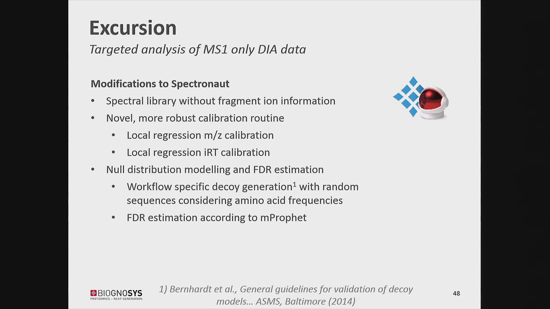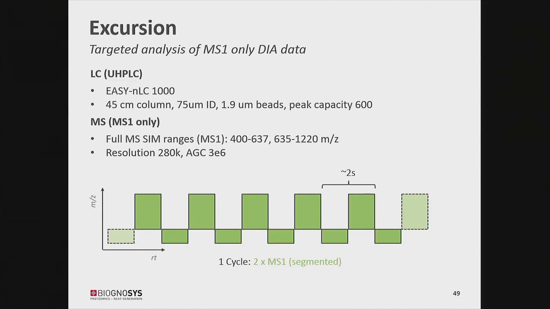So we had to do a couple of modifications of Spectronaut. The Spectral Library looks different, of course. We had to get a more robust calibration routine into Spectronaut. We also had to generate different kinds of decoys, and we checked the decoys using the approach of this poster. After that, we did this in the lab of Paolo Picotti on the Q Exactive Plus.